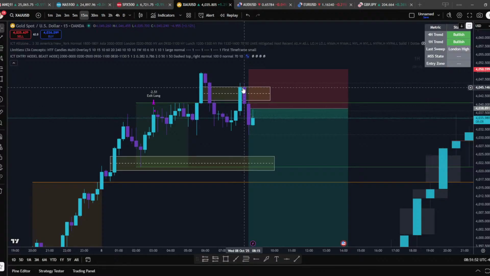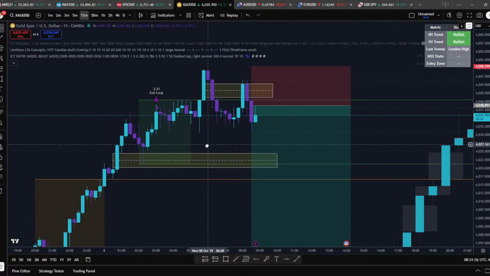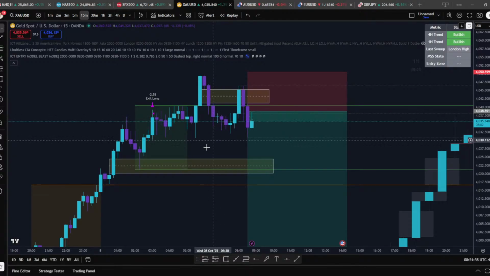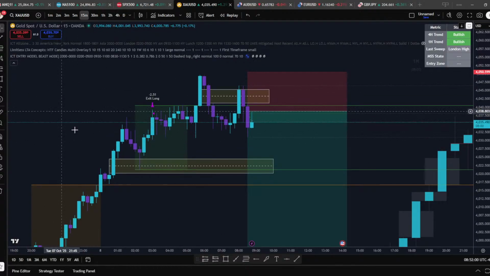This is non-negotiable at this point. If this was happening on a different pair and it was in a very good area to trade, previous day highs, but it's not all-time highs, then you could have got away with entering somewhere here. So there's the retracement back up. It did not close above. Okay, so it respected the fair value gap and then started to push down again.